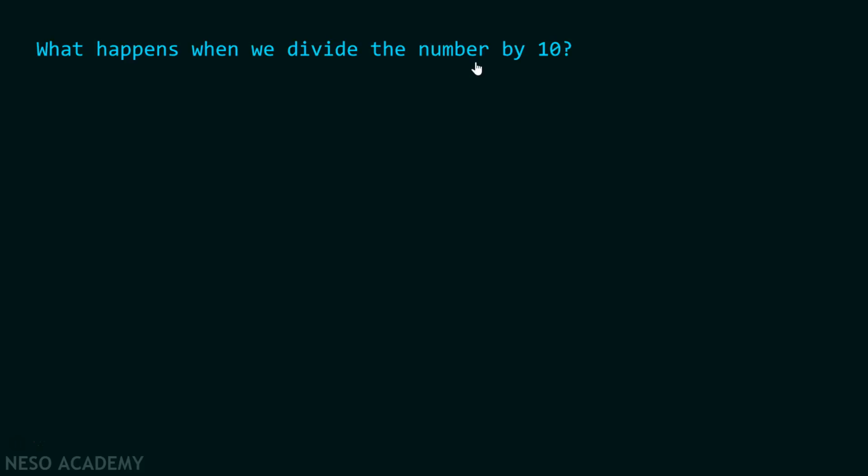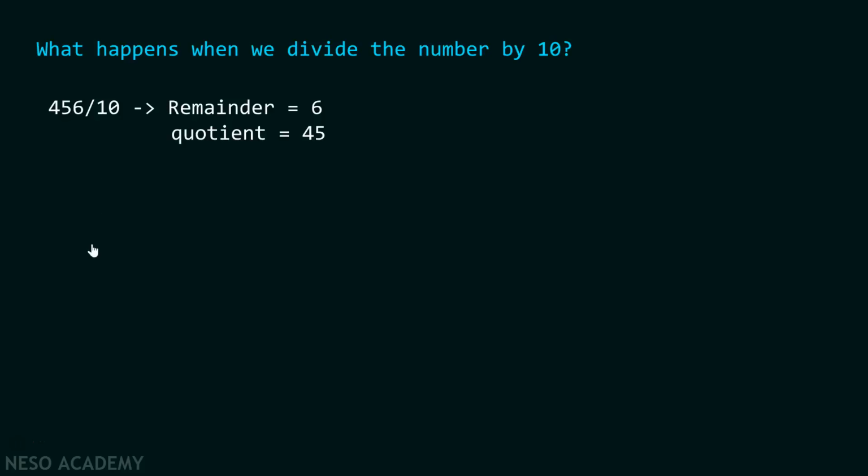And the quotient that we get is always the number except the last digit. Like for example, if we divide 456 by 10, the remainder that we get is 6, which is the last digit of this number, and the quotient that we get is 45, which is the number except the last digit. By using this property, we would be able to reverse the number very easily.